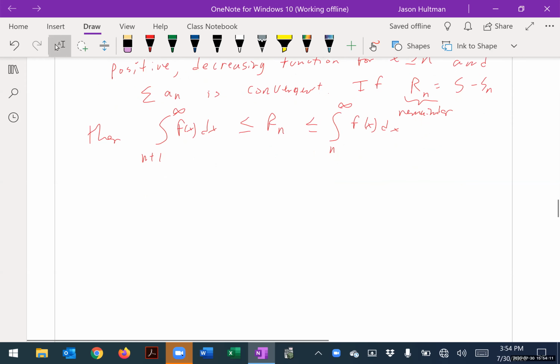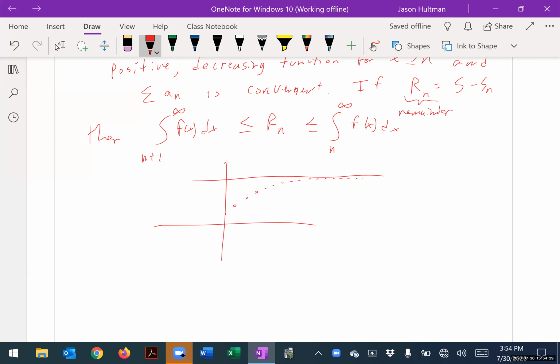Sandwiched between those two. So say that we look at our s sub n's here. The s sub n's are converging, so these are our cumulative sums converging to some value.